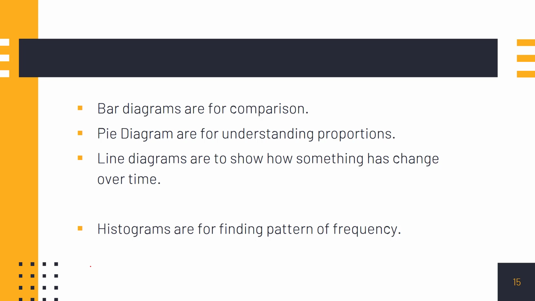After collection of data, how we can classify it and make tables from it, and also how we can represent this data using different diagrams and graphs, right? So this is all about this lecture.